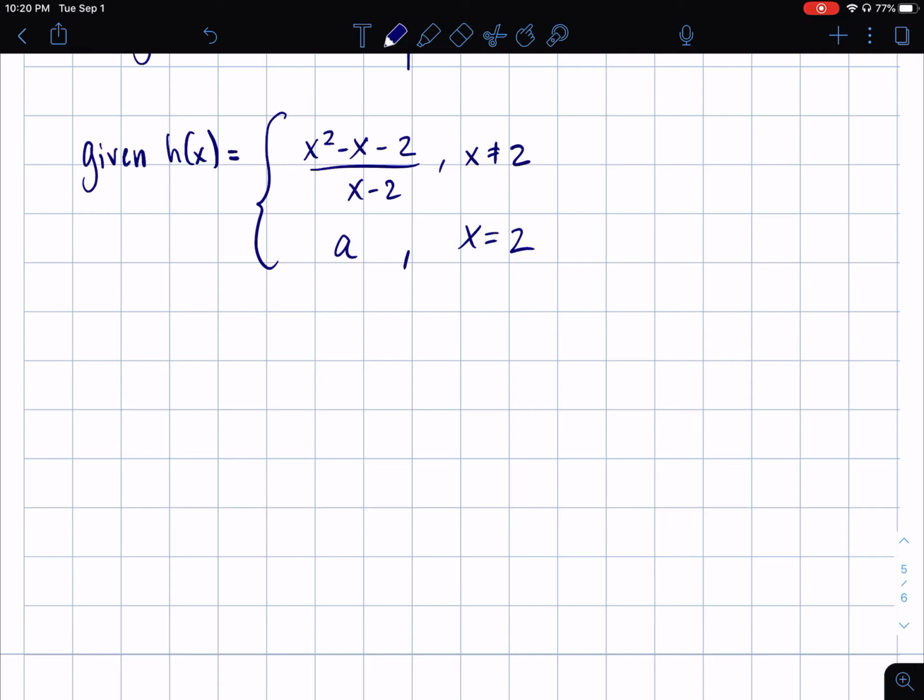Okay, so what we want to find out here is find a so that h of x is continuous everywhere.